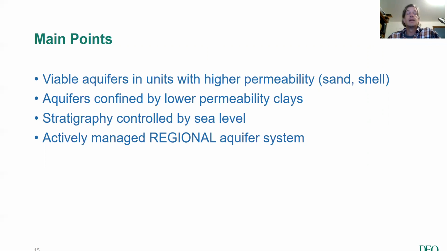Whether or not it's a high energy system, meaning is there a lot of ability for the sediment to be transported from higher elevation areas to the coast, or is it more flat? Is it harder for it to get transported? And that'll have a big influence over the types of sediment that are deposited in any given spot. And the coastal plain is an actively managed regional aquifer system.